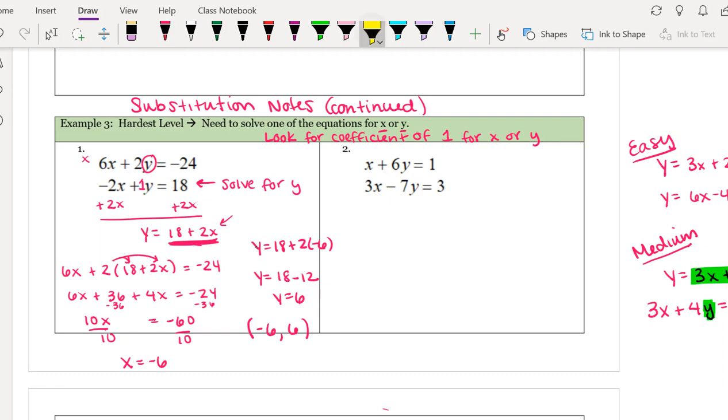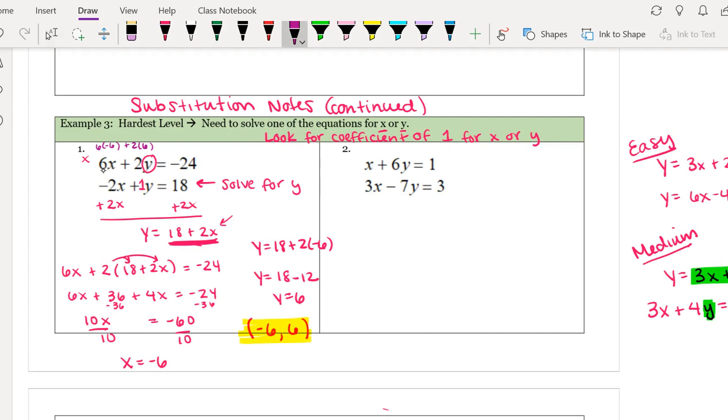Okay? And we could go back and do our check step, where we would do 6 times negative 6 plus 2 times 6. Well, that's negative 12. Did I make a mistake? 6 times negative 6, oh, that's negative 36.